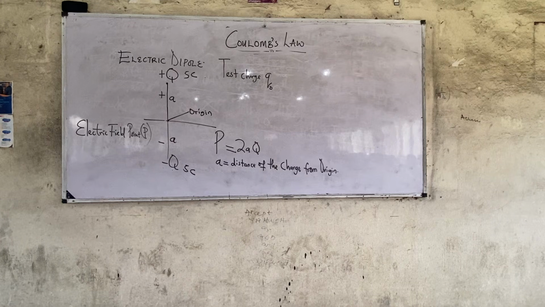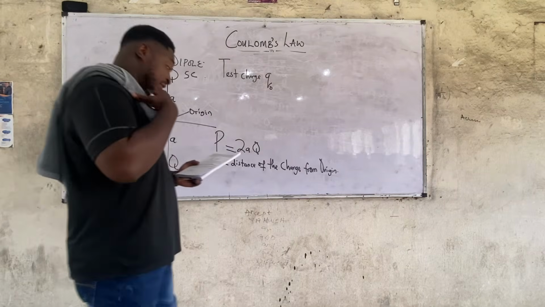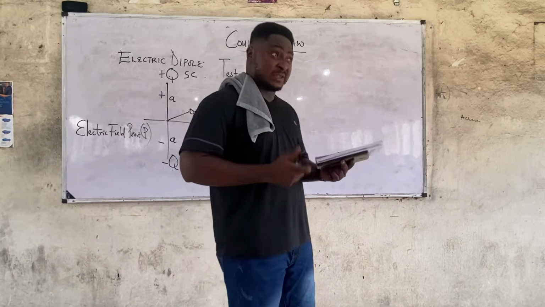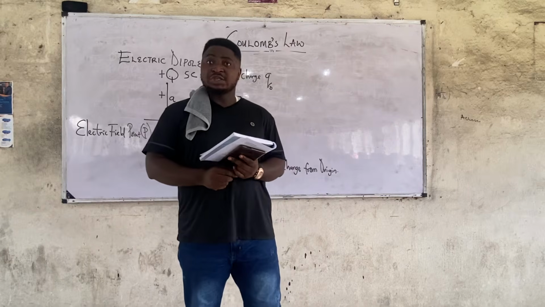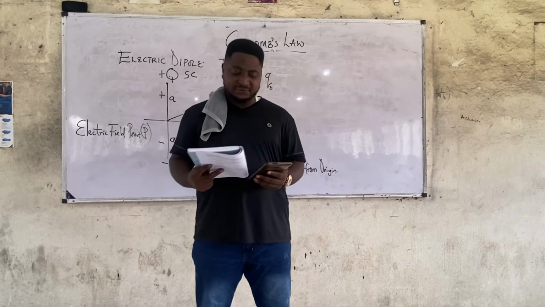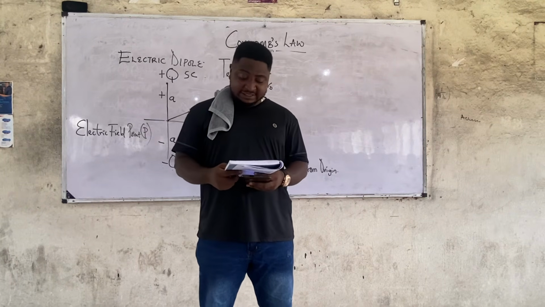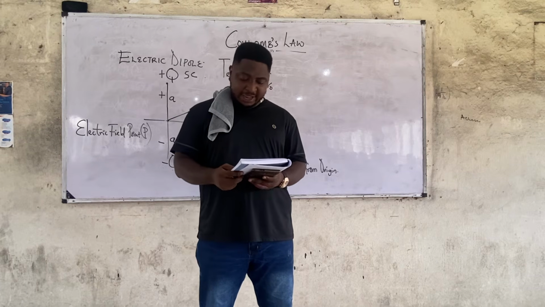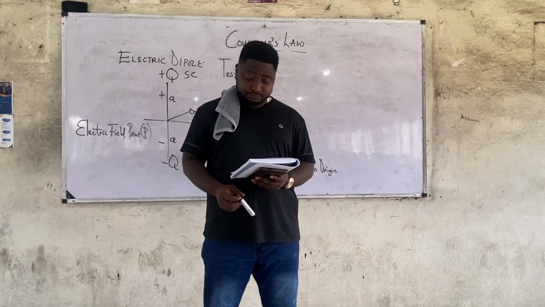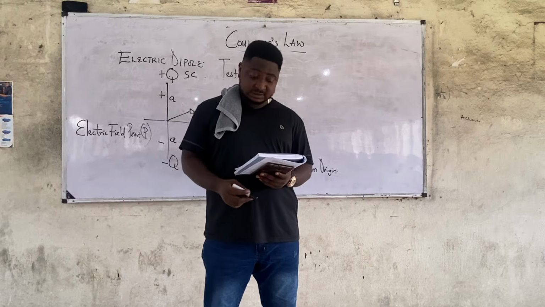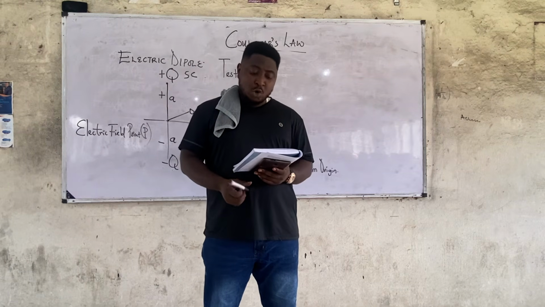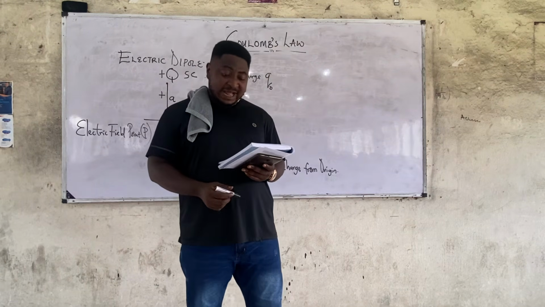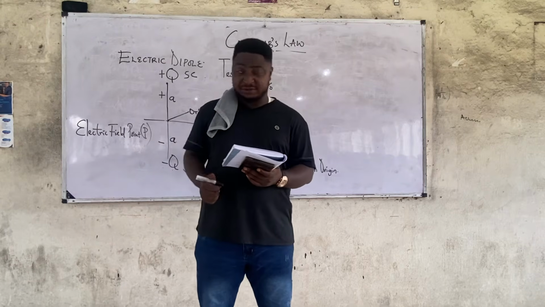Another name for electric lines of force: they are also called electric field lines. So they're known as electric field lines. How do you identify electric lines of force? Subheading: properties of electric lines of force. One, the tangent to the lines of force at every point gives the direction of the field.